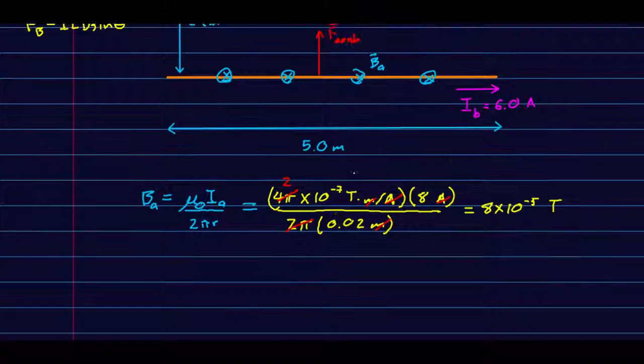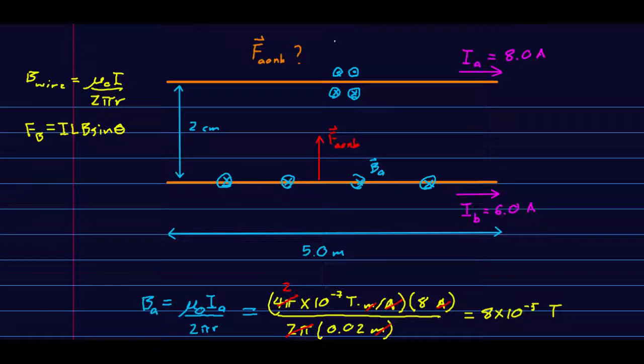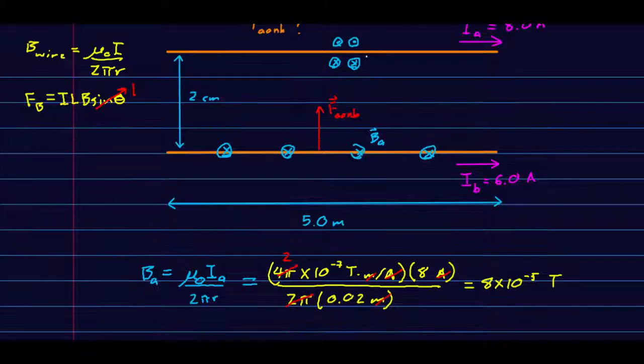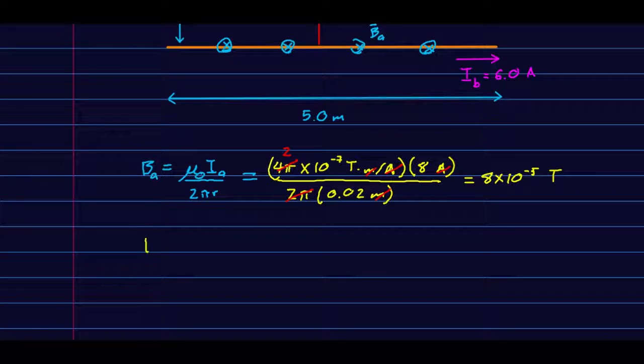Now let's find the force. So first of all, one part of this is going to be very simple. The current is straight to the right, and the field is directly into the page. And theta is the angle between them, so theta is 90 degrees, and sine of theta is 1. And so we're just going to have that FA on B magnitude is just going to be ILB.